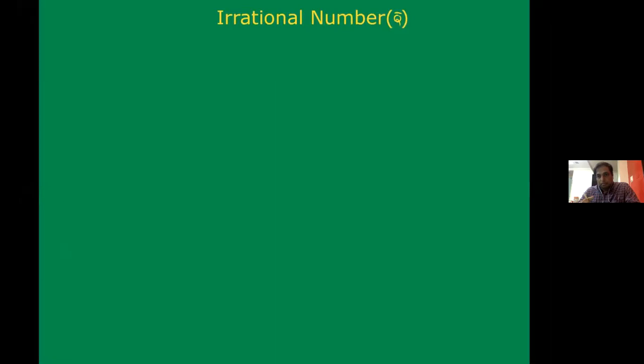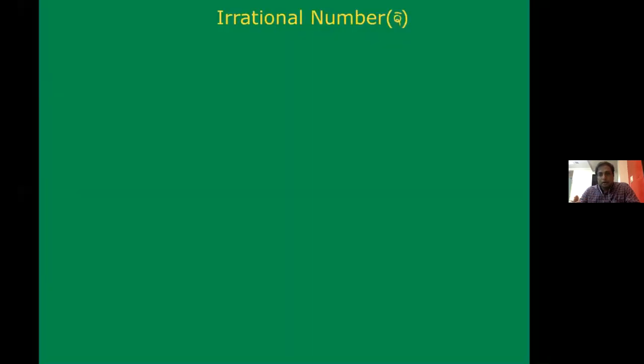Because root 4 equals 2, but root 5 is not equal to any specific number, it is not an exact value. Like root 7, here we are not getting any exact value, so this is an irrational number. But root 9, I get the exact value 3, so that is a rational number.